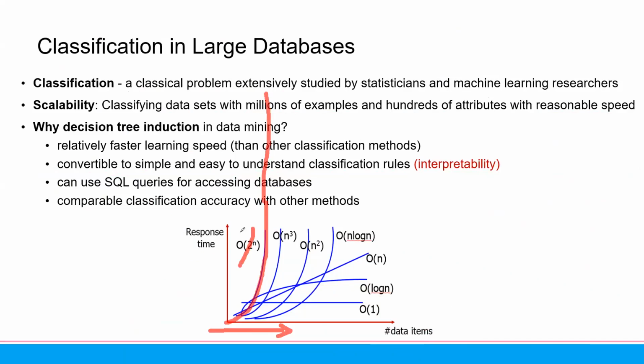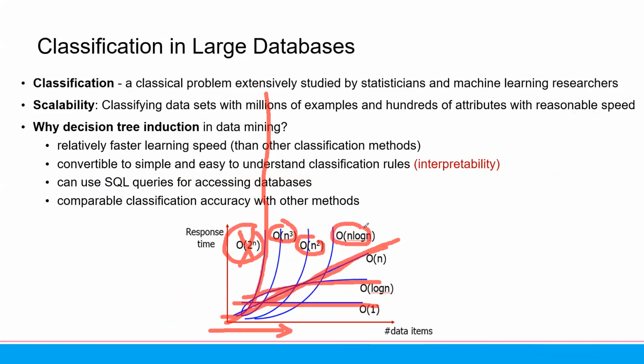We do not want to use this algorithm. So we want to use this algorithm, or maybe this algorithm. So the decision tree is still in the open. That's why it is faster than the other algorithms, which are maybe 2 power of n, or this algorithm, this algorithm.